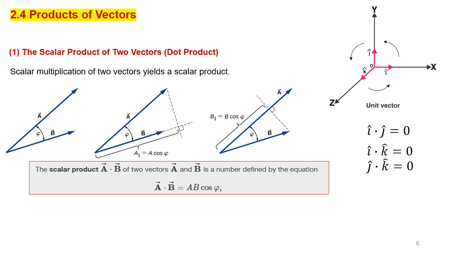The multiplication of unit vectors I already discussed: I dot J, J dot K, K dot I, all these multiplications result in 0 because the angle between them is 90 degrees. But I dot I, J dot J and K dot K you will get 1, because the angle between them is 0.